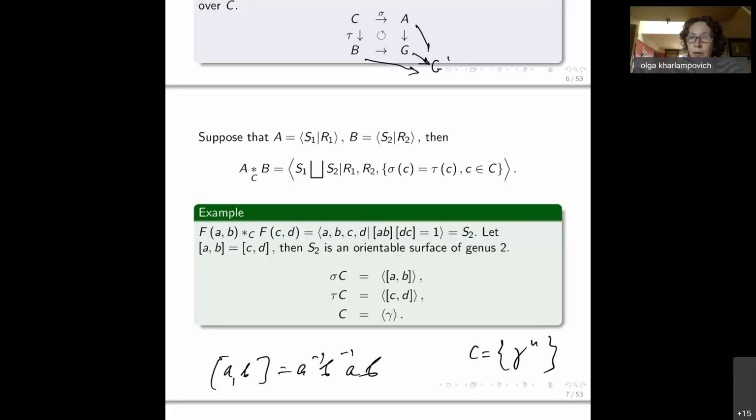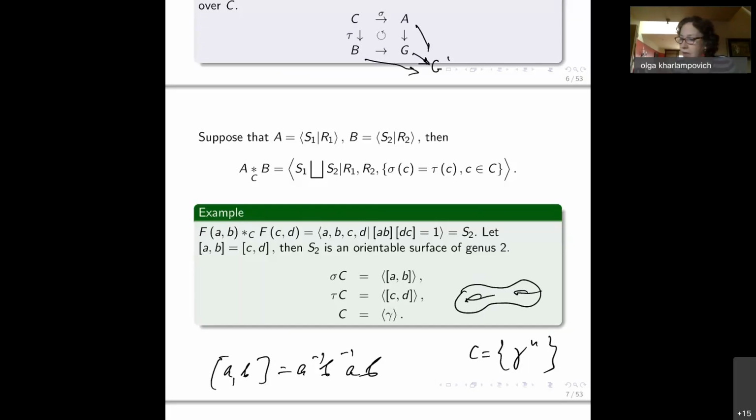So basically we write the relation [A,B] equals [C,D], or we can write it this way: the product of commutators [A,B] and [D,C] equals 1. And so it is the fundamental group of the orientable surface of genus 2. The fundamental group of the orientable surface of genus 2 is obtained this way.